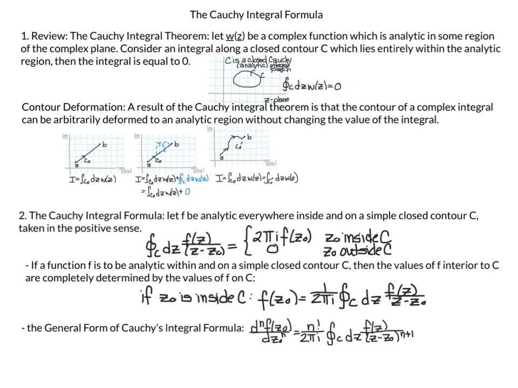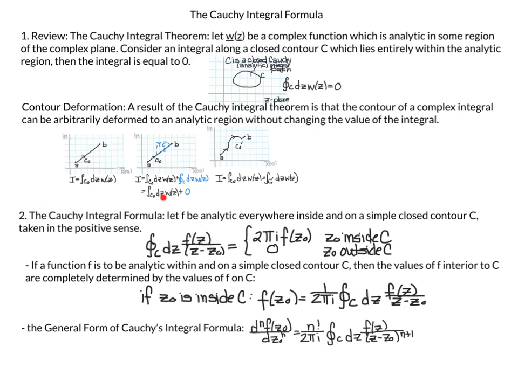That was the Cauchy integral theorem. From it, a direct consequence is contour deformation, which says the contour of a complex integral can be arbitrarily deformed in an analytic region without changing the value of the integral.